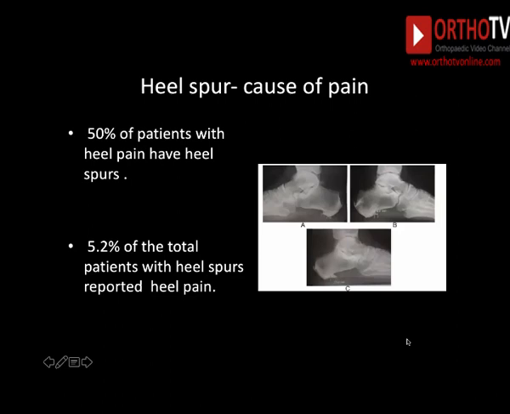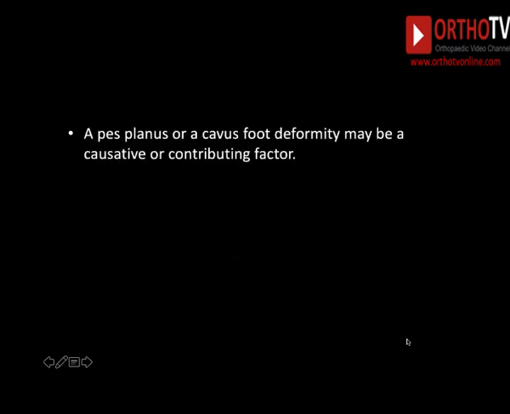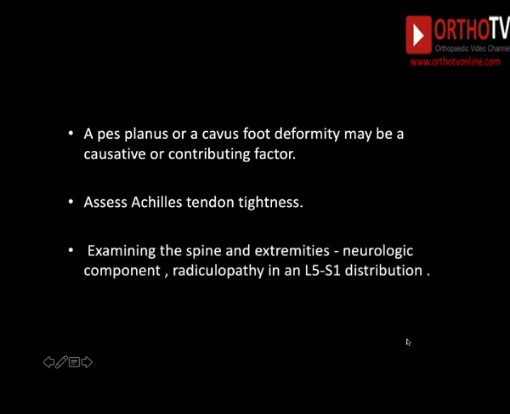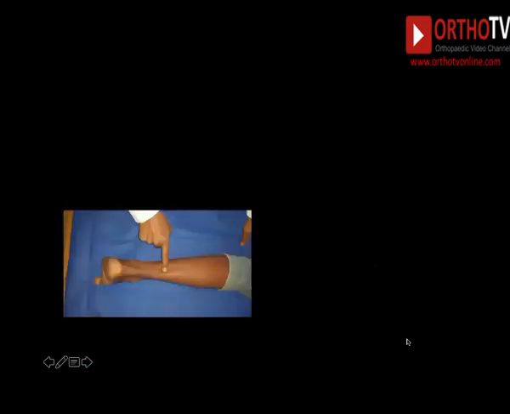So that may or may not be the cause of heel pain in every individual with a heel spur. Few other conditions like pes planus or cavus foot deformity may be contributing factors, as may a tight Achilles tendon. Of course, don't forget to examine the spine for radiation in the distribution of L5S1.